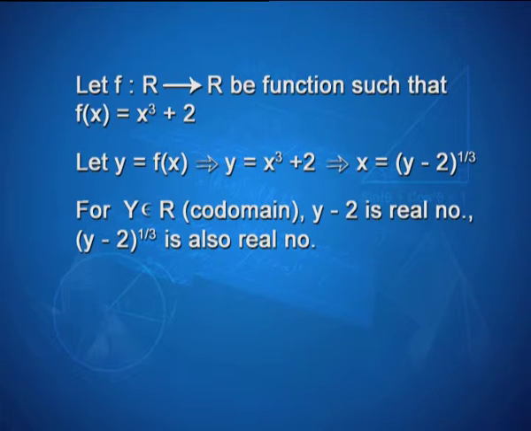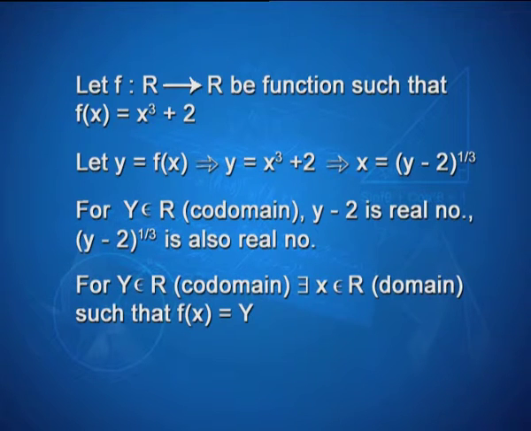For y belongs to R, which is codomain, y minus 2 is also a real number, it also belongs to R. (y minus 2) to the power 1 by 3 is also a real number. Therefore, for y belongs to codomain real numbers, there exists x belongs to domain real numbers such that f(x) equal to y. Therefore, f is onto function.